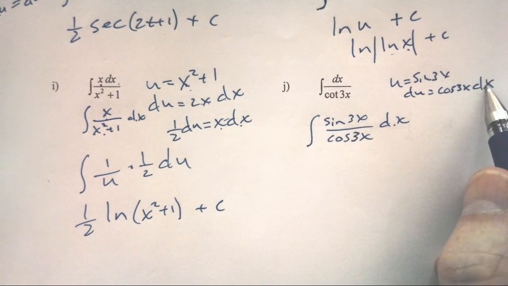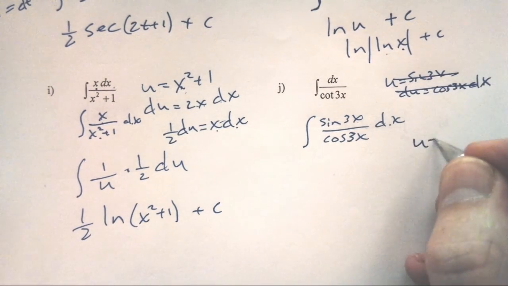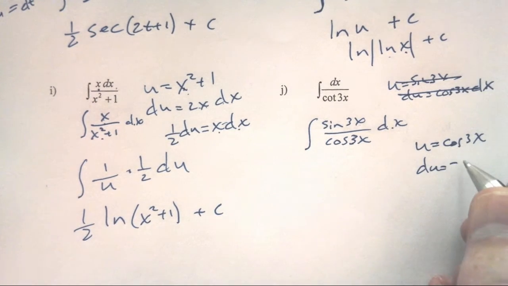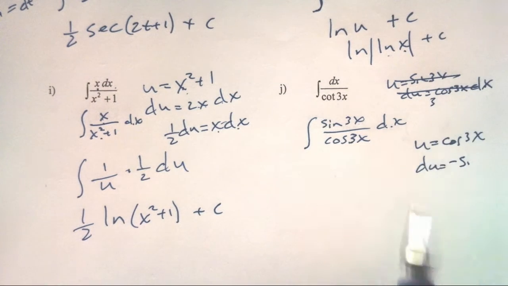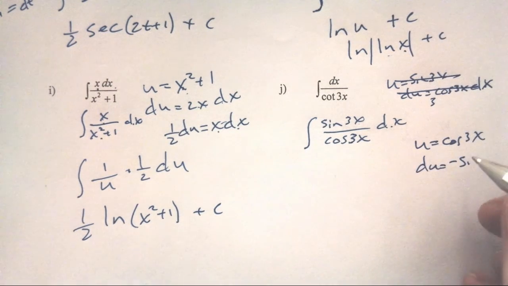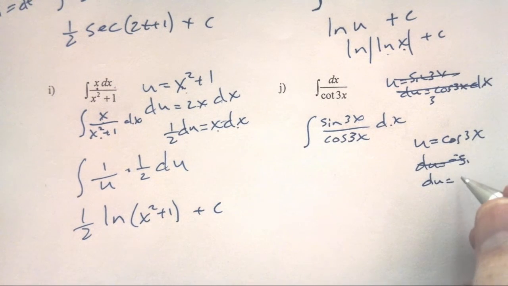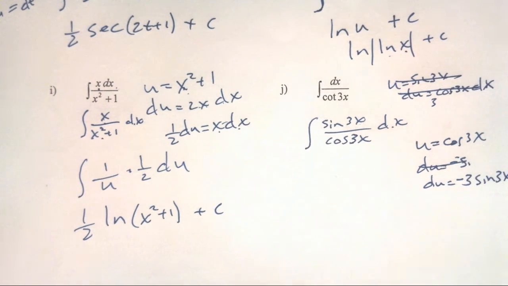Bad choice. How about u is cosine of 3x? Then du is negative, inside derivative 3, times sine of 3x dx.